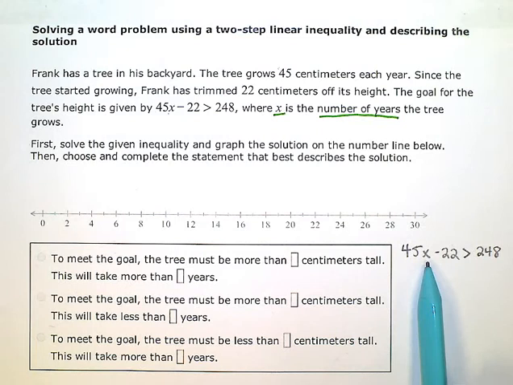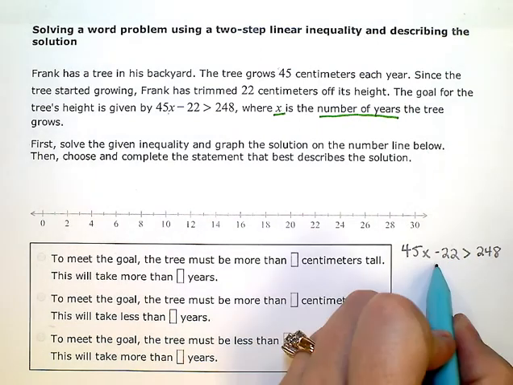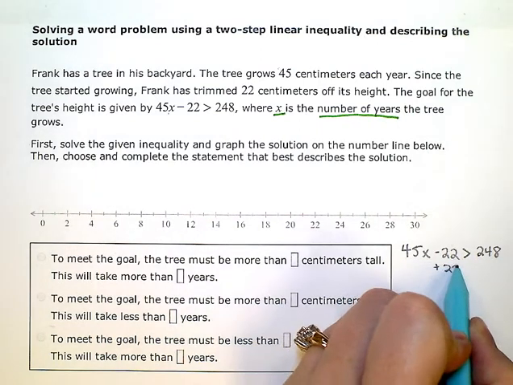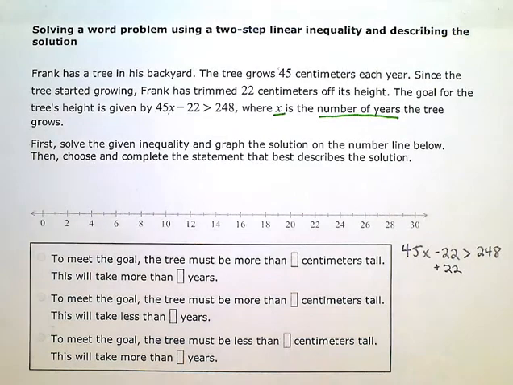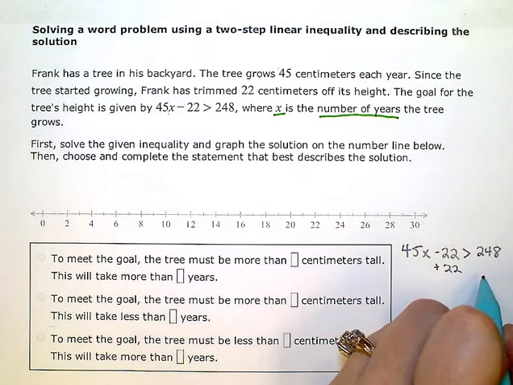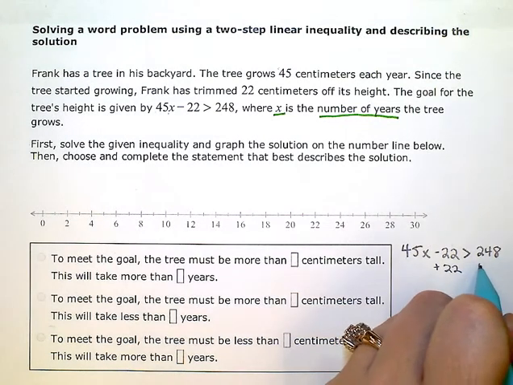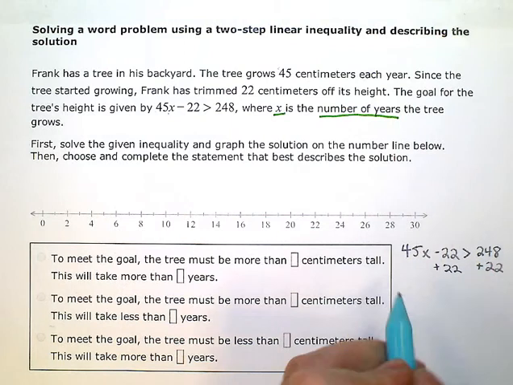One step to zero out the negative 22, and one step to get rid of the 45, the coefficient there. Before I deal with the number directly attached to my x, I want to get rid of anything else. So the first thing I'm going to do is zero out this 22 by adding 22, because those two combined will be 0, but I need to keep things balanced by adding 22 on this side.